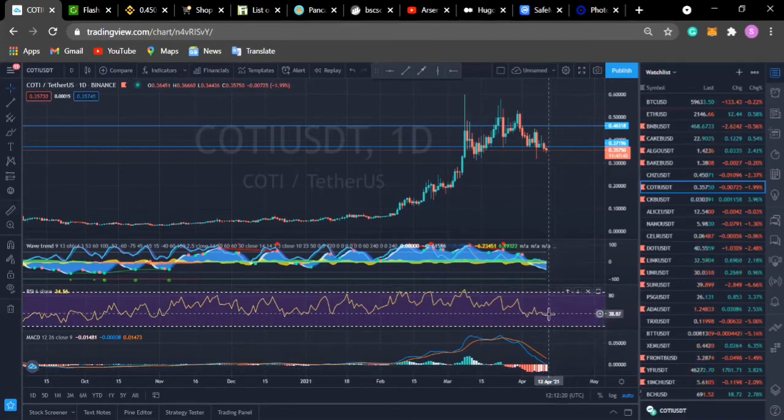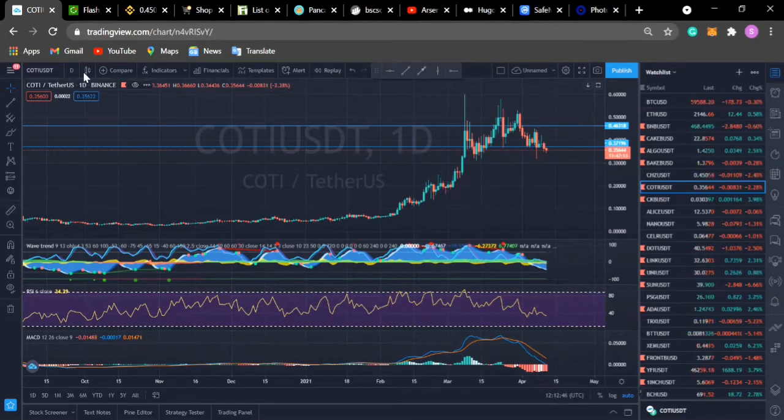RSI is currently at 36, well, okay, 33. So it might be a reversal soon. So you just keep an eye on the dot. Once the dot comes out here and RSI starts to move, that's the main thing.